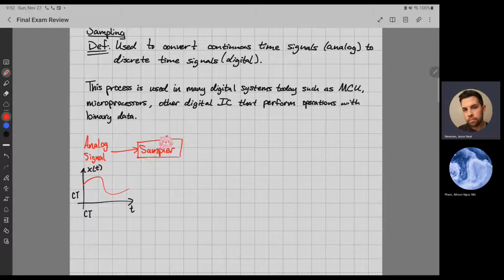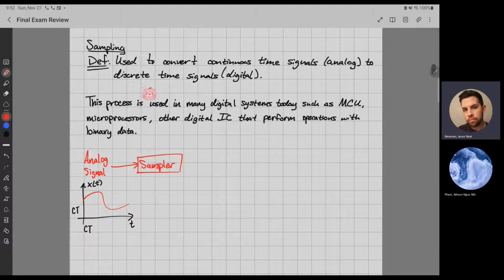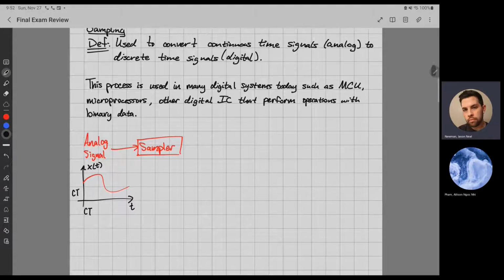The sampler, like we just described, converts continuous time to discrete time signals. Discrete time signals, not necessarily fully digitized yet. That's important to note, but let me draw it and show you why that's the case.